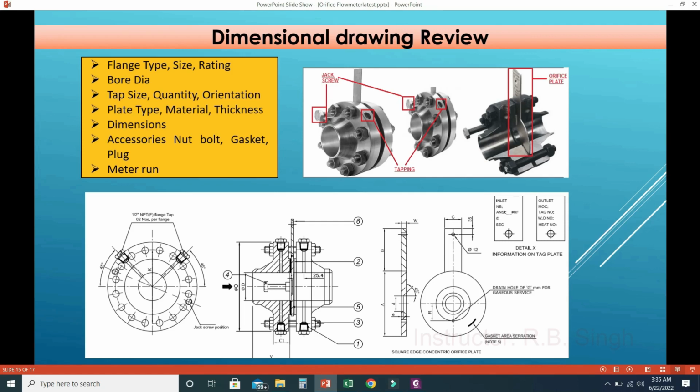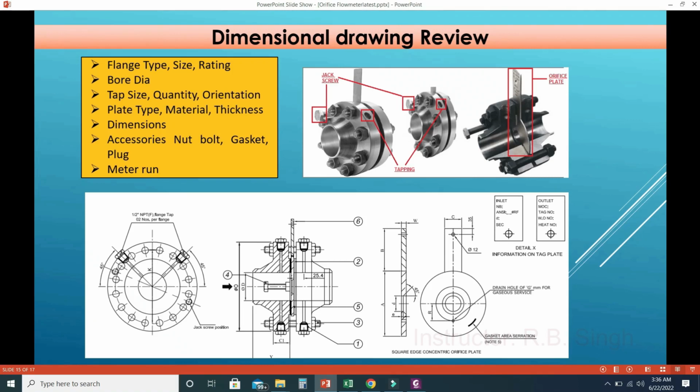Tapping size: what is the size of tapping they are providing. Here you can see they have provided 2 numbers per flange, half inch NPT flange taps. If we are asking for half inch, then that is good. So these things we have to check: type, tap size, tap type, tap locations, everything for the tapping.